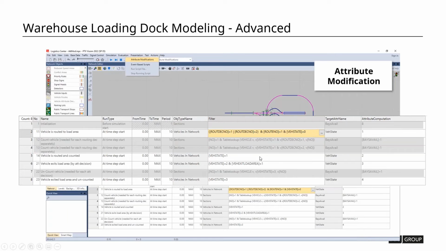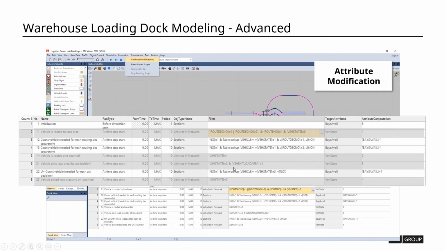And there's a simple process: if that state is 1, really soon after, within the same time step, it's going to change from 1 to 2. And if the vehicle state is 2, and also if vehicle exit load area turns into 1, then it is going to update this vehicle state to 3, and 3 to 4 within the same immediate time step as well.